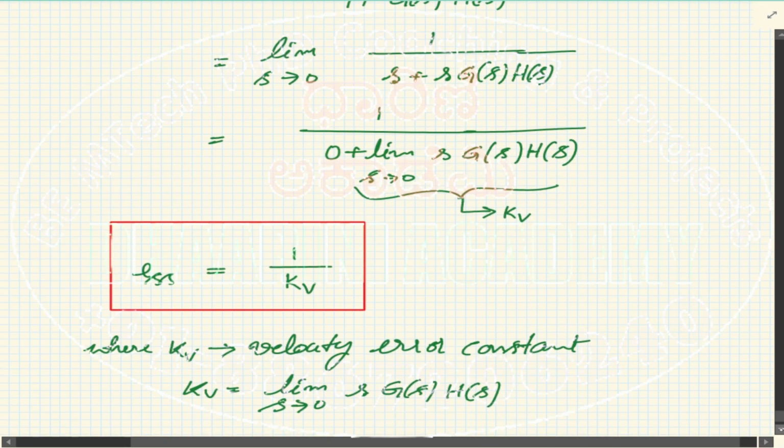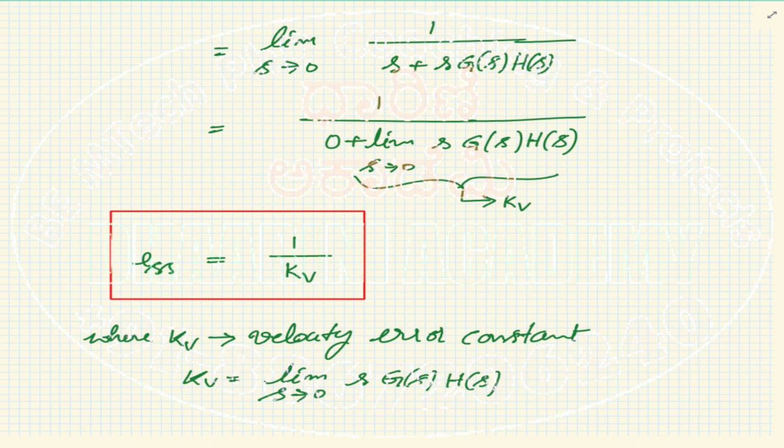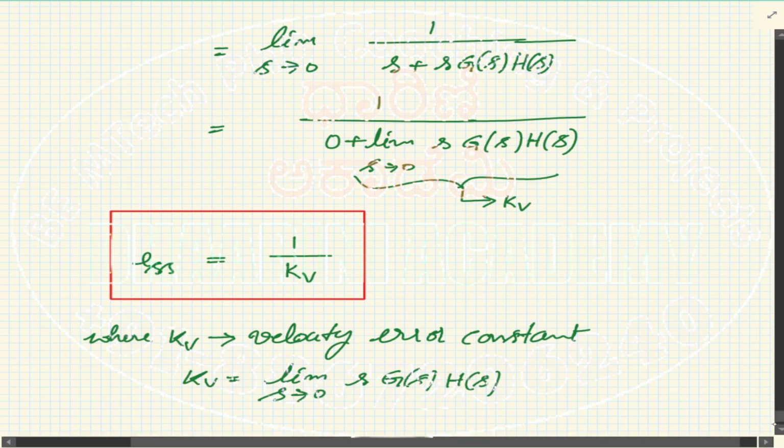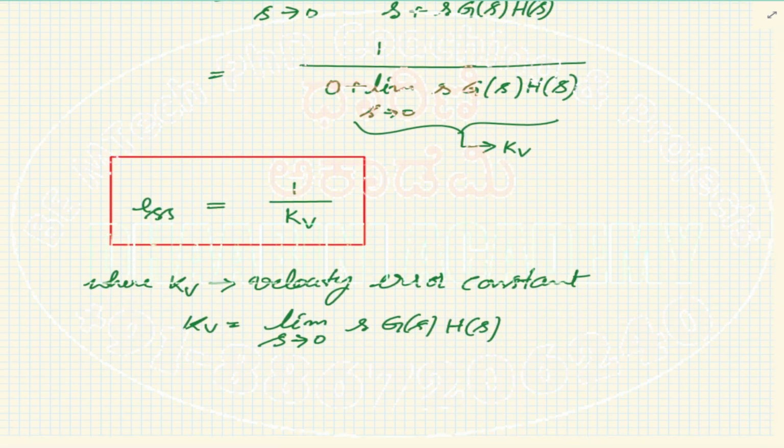Now, if you look at Kp and Kv, we have the s which is present in Kv, which is not present in Kp, right? In order to denote what type of differences they have, the words position and velocity are used. What is the physical meaning of the Kp and Kv? There is no velocity over here.